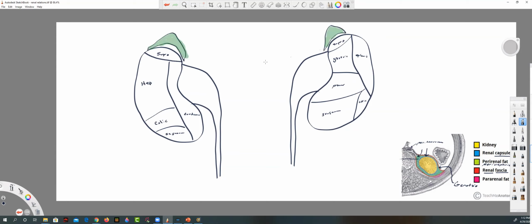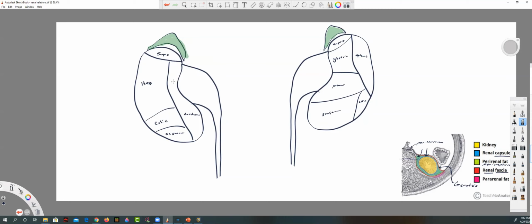So each kidney has a little cap on it, the adrenal glands, and they're sitting up over here. There's a little bit of space between the kidney and the adrenal gland, and there's some fat in between. Interesting to note, though, Gerota's fascia, or the renal fascia, surrounds the adrenal too. So that adrenal is within the fascia plane.